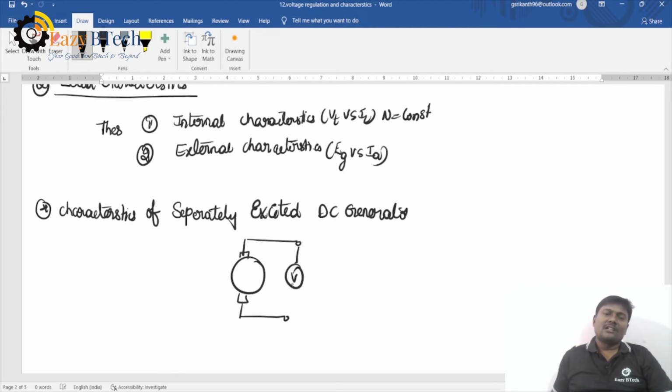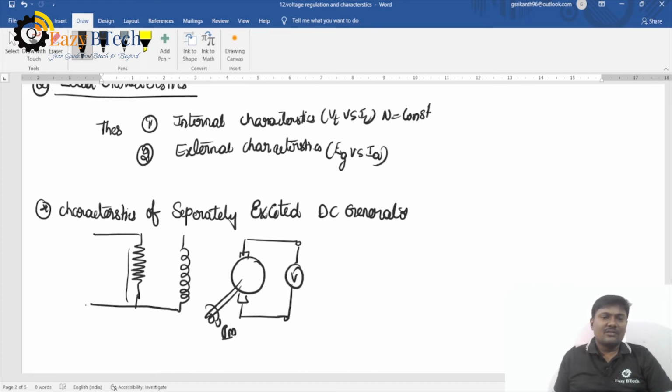You can connect a voltmeter across the armature, and the armature is driven with the help of a prime mover. The field winding is connected with a variable rheostat, which acts as a potential divider. This is the rheostat we are using, and here we are giving the 220 volts DC supply, and like this we are connecting.